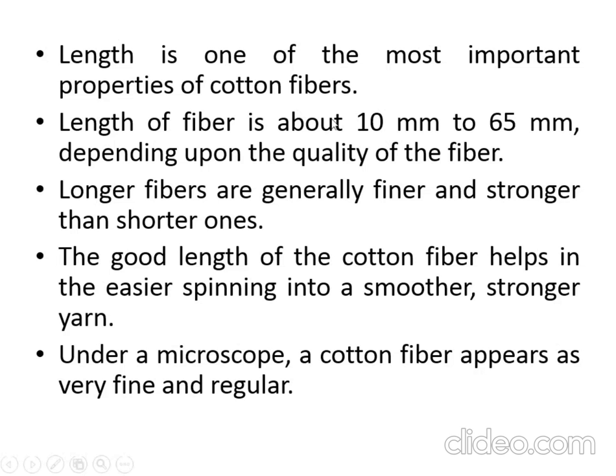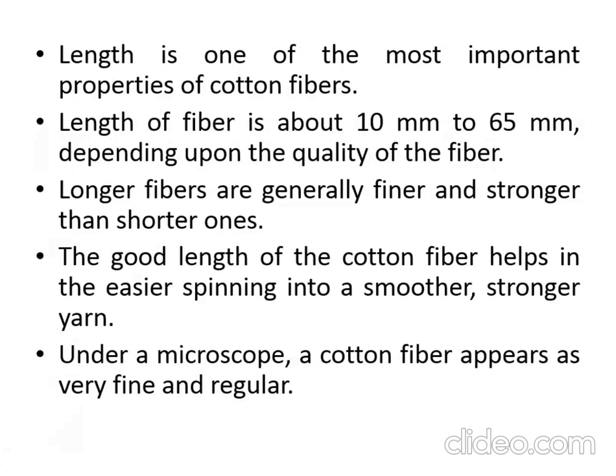The length of the fiber is about 10 mm to 65 mm, and again it depends upon the quality of the fiber. I told you there are many varieties of cotton fibers like Varalakshmi cotton, MCU cotton, Sankar 4, Sankar 6, so the length of the fiber also varies. Longer fibers are generally finer in quality and stronger than the shorter fibers.